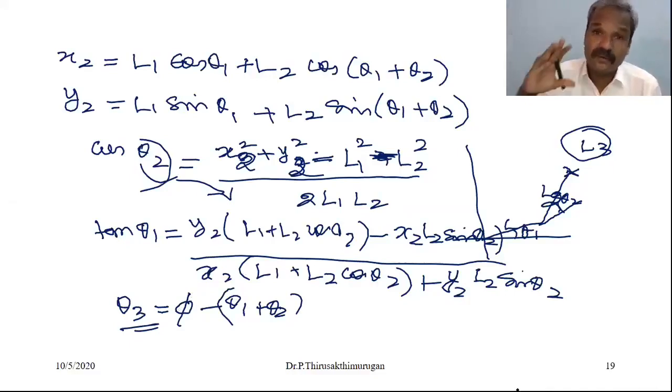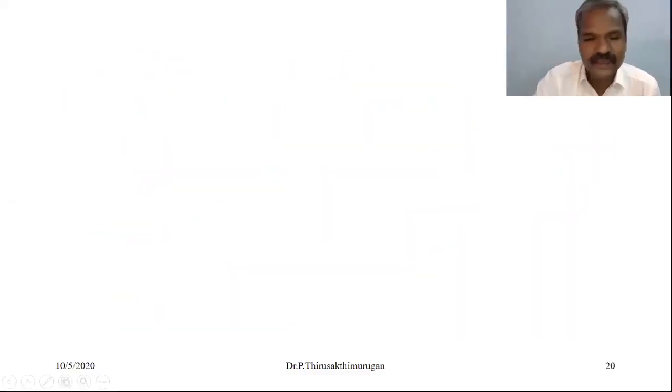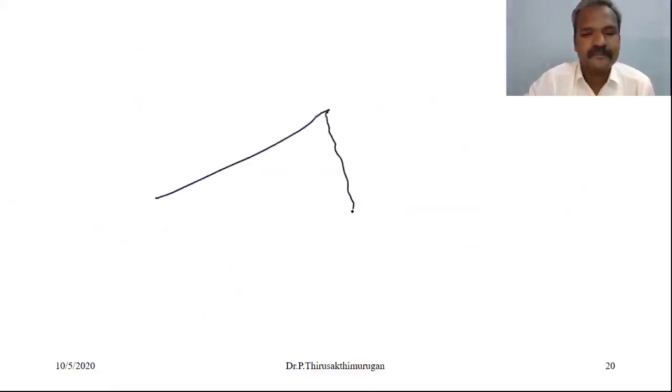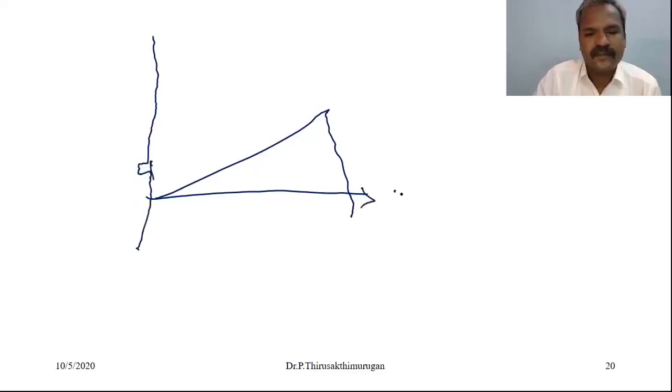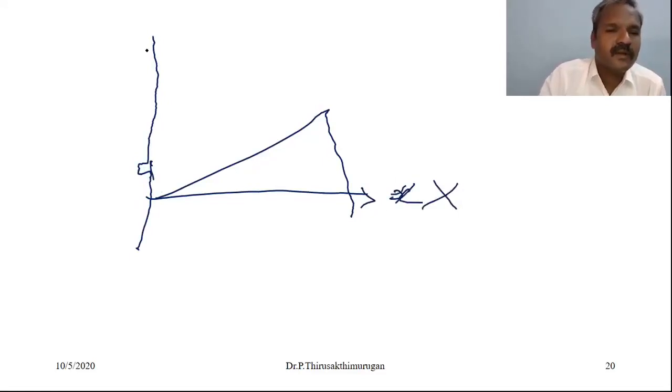So phi, how to find phi? Very simple. This is the end position. Sorry, this is global x or global y. This is the P. This is the total angle.